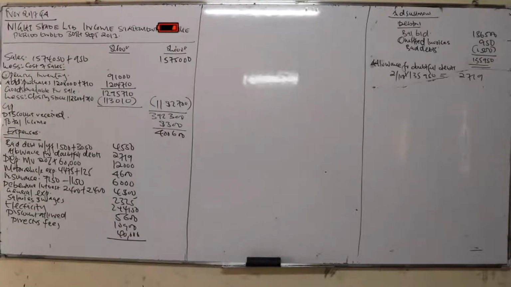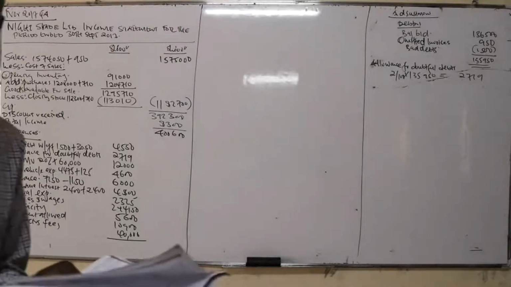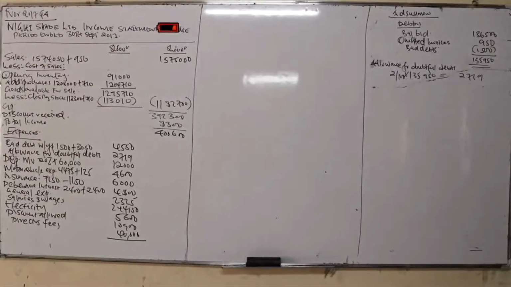Can we add? So we are adding all the expenses. 33,144.